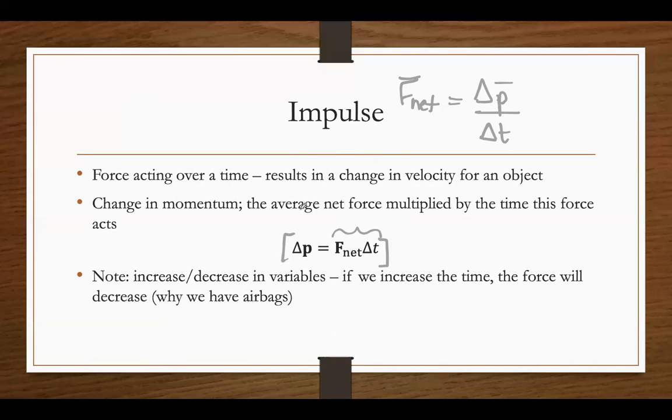This impulse is a force acting over a time, which results in a change in velocity for an object. This quantity is important to understand because this is why we need things like airbags, or some kind of cushioning to take a blow.